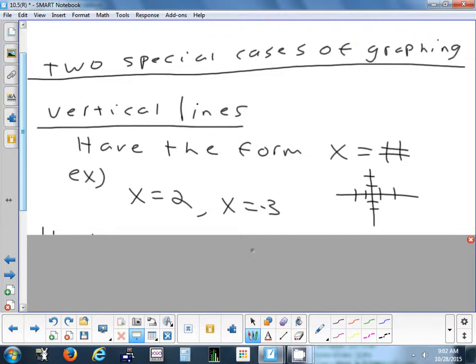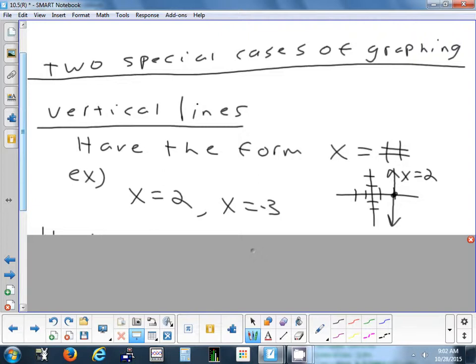Move to the right 2 times and put in a vertical line. That's x equals 2. X equals -3 would be a vertical line. What number would it go through? That's a negative. Yeah, -3. So it'd be a vertical line at -3.